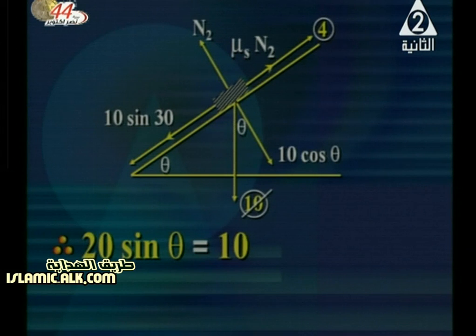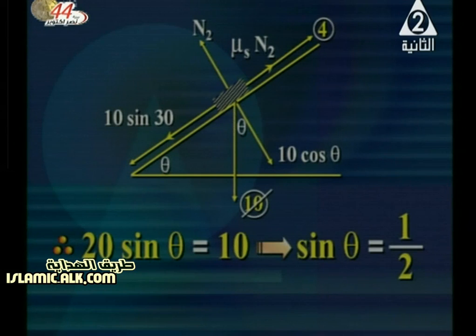Therefore, sine theta equals 1 over 2. What is the inclination angle of the plane to the horizontal? Theta equals 30 degrees.